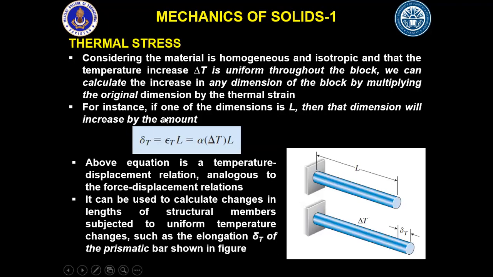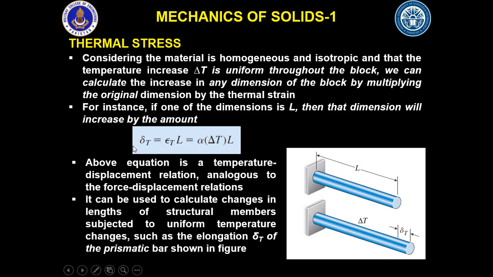Now, using the same strain equation, strain is equal to delta divided by L. We can also equate it using delta T is equal to strain T into L. Now, what is strain T? It is equal to alpha into delta T. So we replace it over here.